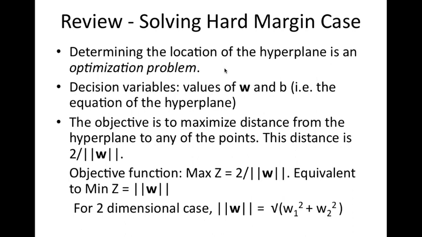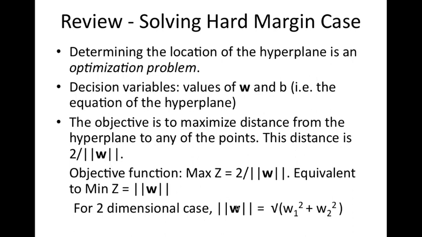So determining the location of the hyperplane is an optimization problem. The decision variables are the values of w and b, basically just the equation of the hyperplane. So we're deciding where that hyperplane is going to go. The objective is to maximize the distance from the hyperplane to any of the training data points. That's maximizing the margin that we were just talking about. And that distance is 2 divided by the length of vector w.